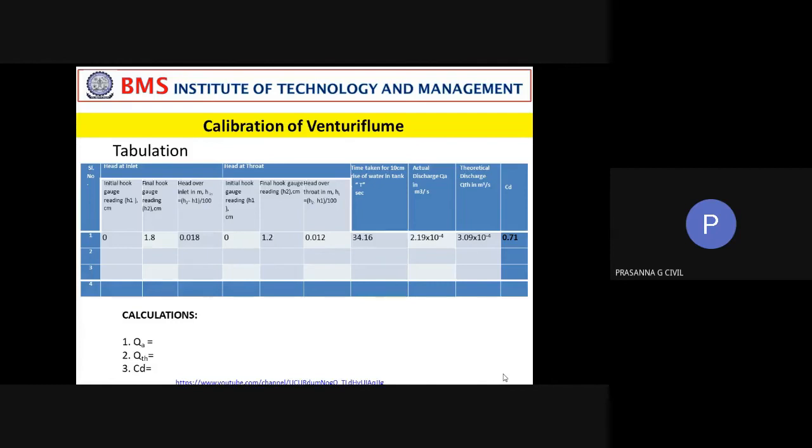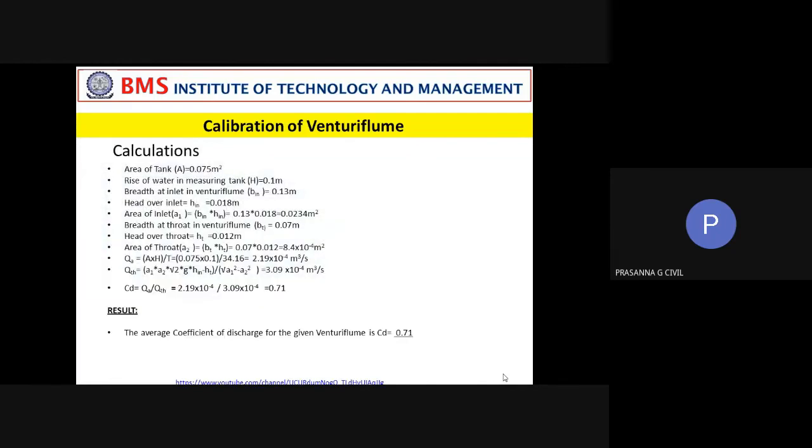So looking at the calculations, the area of the collecting tank is recorded as 0.075 meter square, the rise of water 0.1 meter, the breadth at inlet in the Venturi flume BIN recorded as 0.13 meter, the head over the inlet for the given recorded discharge as HIN, which is equal to 0.018 meter.